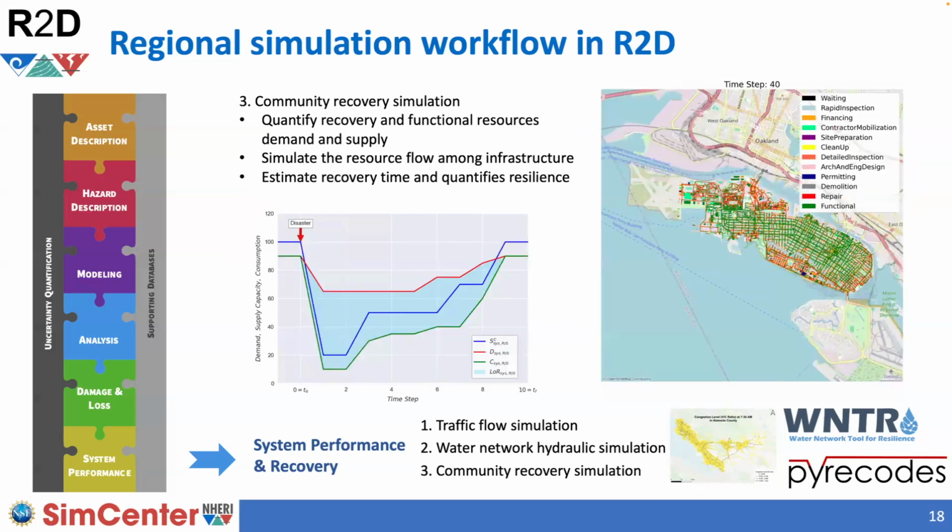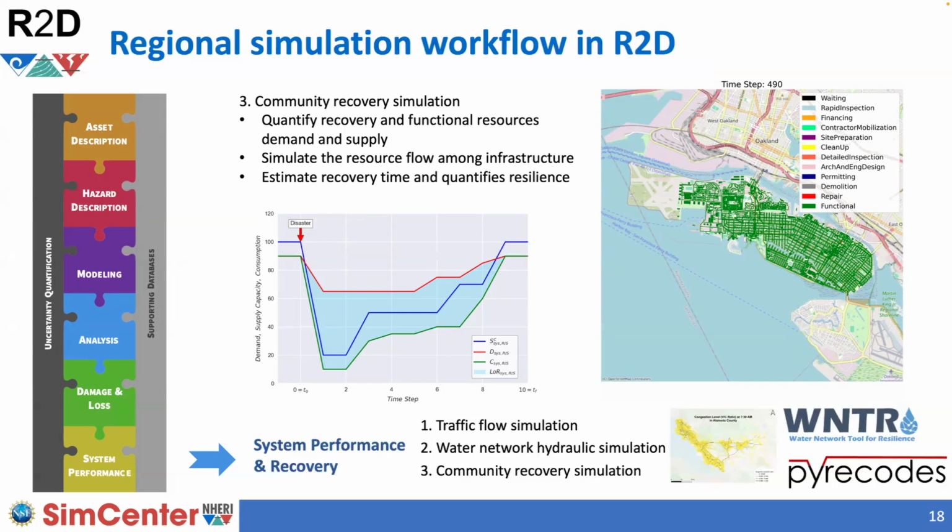The third system performance simulation functionality we are building is a community recovery simulation methodology. It is used to quantify the recovery and functional resources demand and supply of each infrastructure component in the city, and it can also simulate the flow of those resources among different infrastructure layers, such as water flowing from water treatment infrastructure to buildings, and electricity flowing from the power grid to buildings.